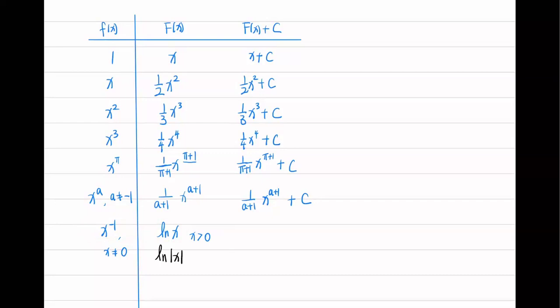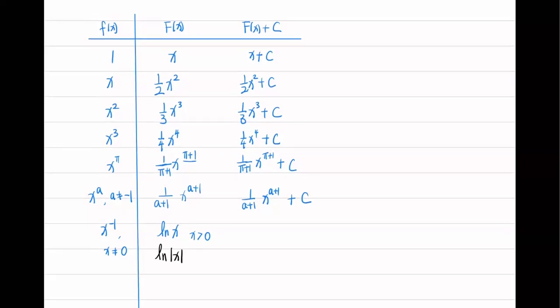And we have checked this before. You should know how to verify this. The derivative of the absolute value: we have two parts, when x is positive and when x is negative. When it is positive, the absolute value, it's just logarithm x. When it's negative, the logarithm of the absolute value becomes logarithm of negative x.